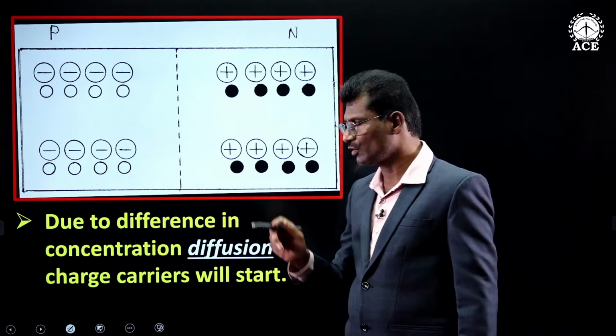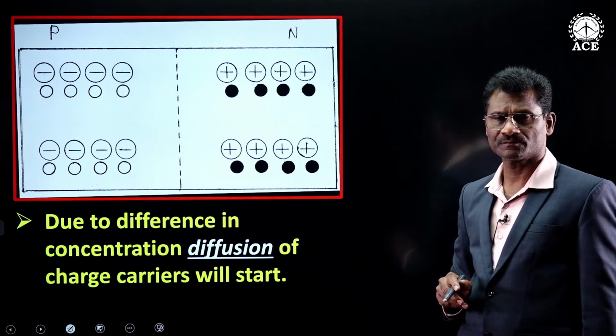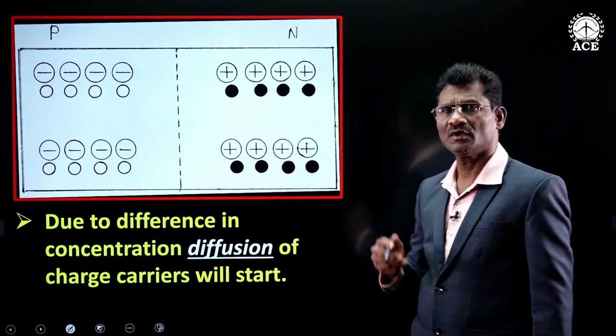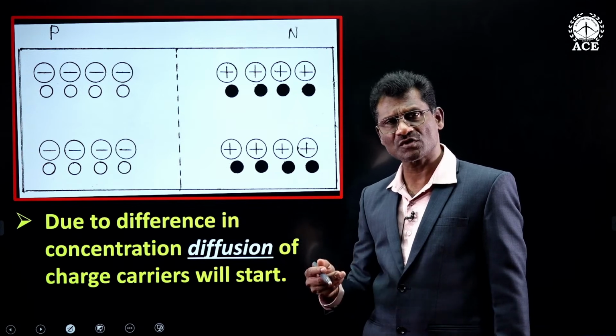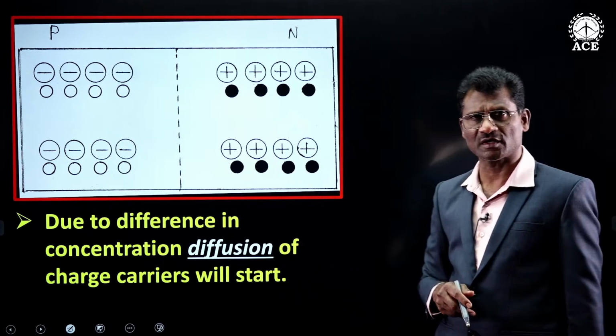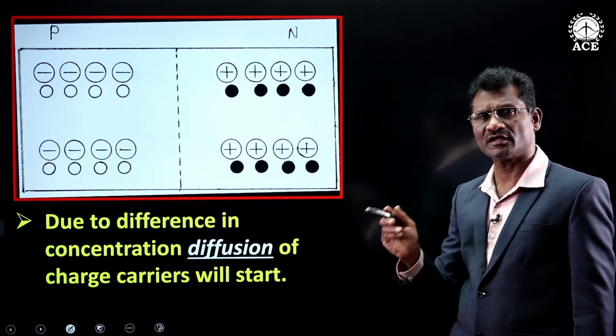And we know a concept called diffusion. In general, there are two types of motion for a charged particle. One is diffusion, the other is drift.